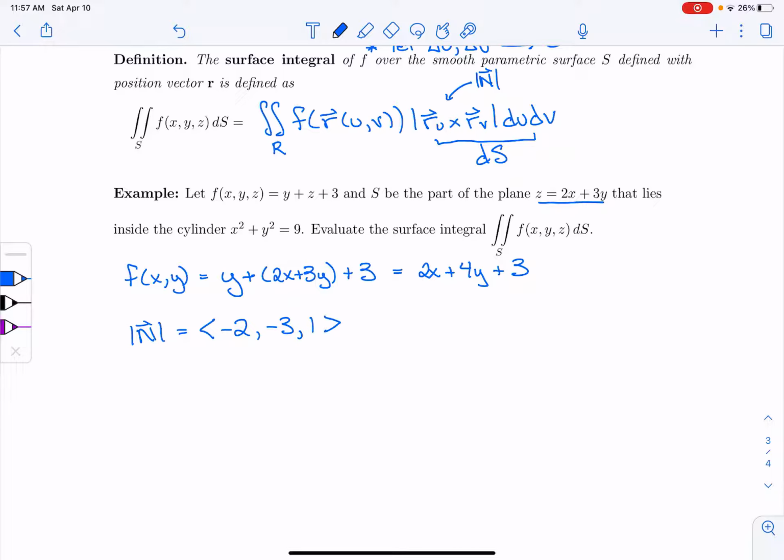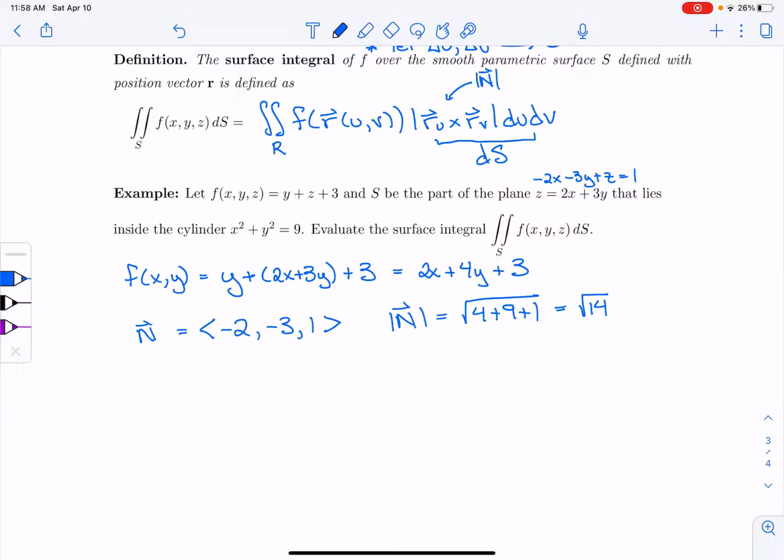This makes sense because z is a plane, and we can think about that function as being negative 2x minus 3y plus z equals 1. And of course, the normal vector is negative 2, negative 3, 1. And then I want to find the magnitude of the normal vector. That magnitude is going to be the square root of 4 plus 9 plus 1, which is the square root of 14.